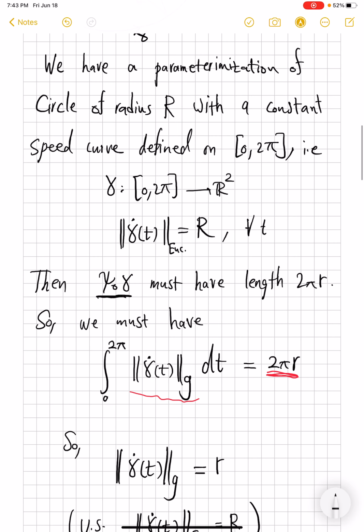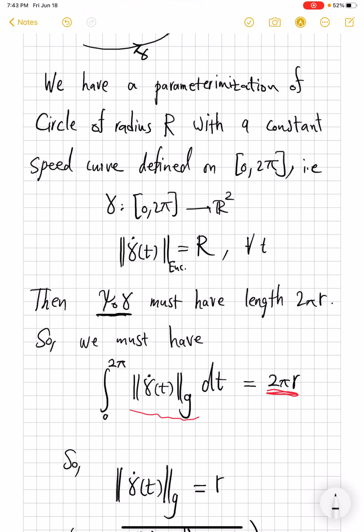And according to my would-be formula, I must recover this parameter, the length of the curve on the sphere, from integrating the g norm of the derivative.